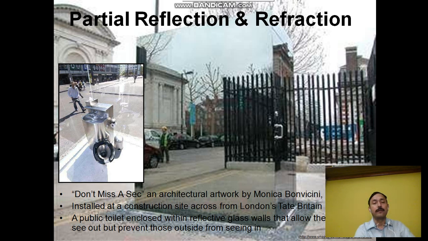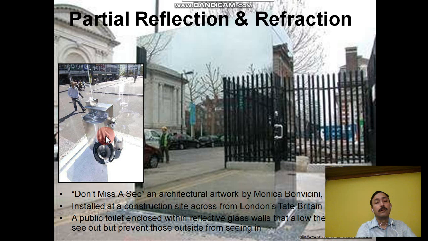A public toilet enclosed with reflective glass walls allows the user to see out but prevents those outside from seeing in. The person inside the toilet can see outside, but anybody outside cannot see inside the toilet.